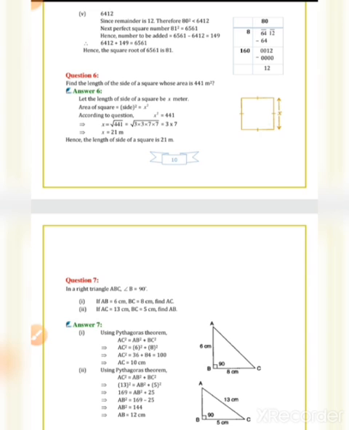Let's take another question. Question number 6: find the length of the side of the square whose area is 441 meters square. So first of all, draw the figure of the square, which has one side of length x.